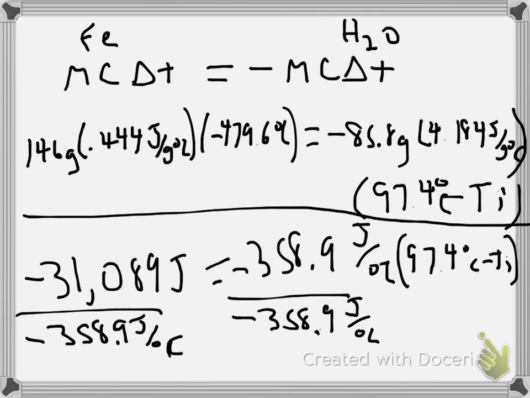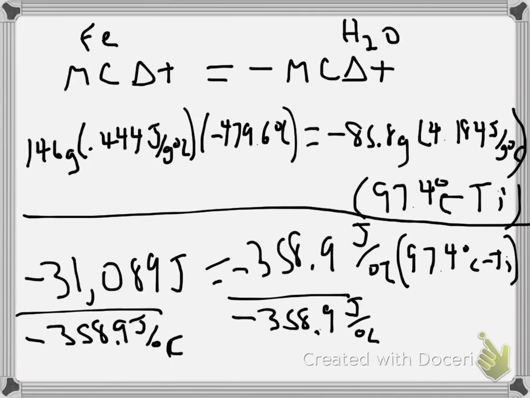So on the left is 146 grams times 0.444 joules per grams degree Celsius, which is the specific heat given for iron, times negative 479.6 degrees Celsius, which was the delta T. And that's equal to, remember we have to have the negative, and don't forget the negative for the MC delta T for the water, which is equal to negative 85.8 grams times 4.184 joules per grams degree Celsius times 97.4 degrees Celsius minus Ti. And sorry, I couldn't fit that last part on the same line.